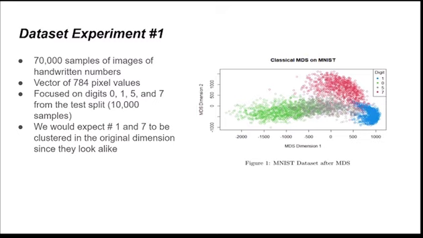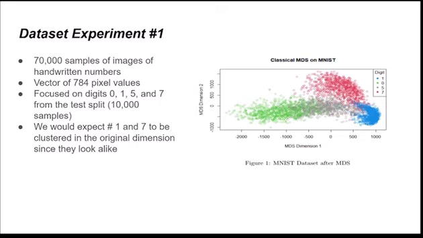For our first data set experiment, we applied MDS to a subset of the handwritten digit data set, which contains 4,034 samples of digits 0, 1, 5, and 7, to reduce computational complexity.